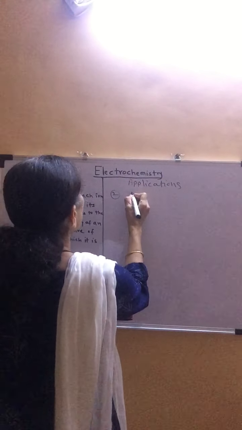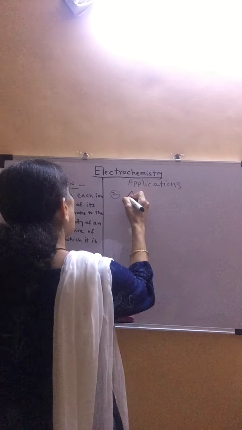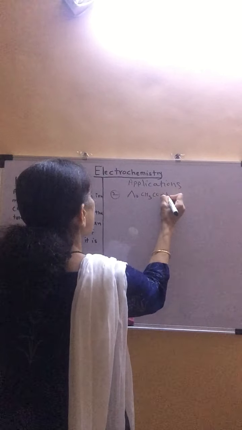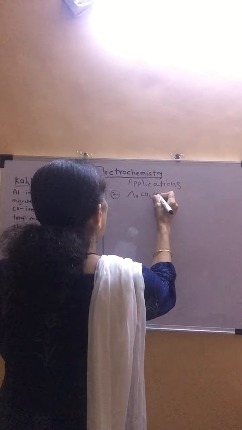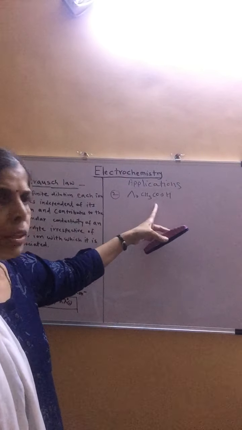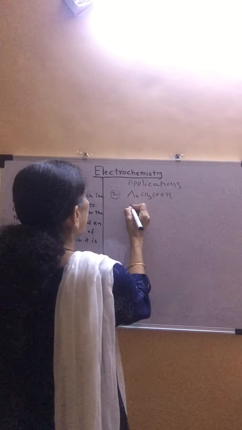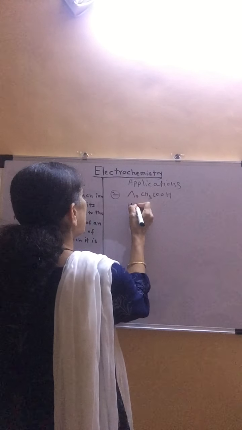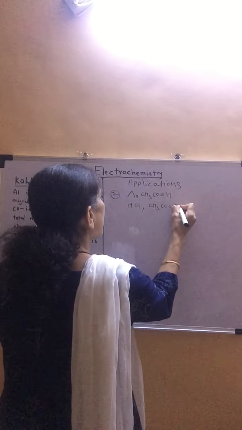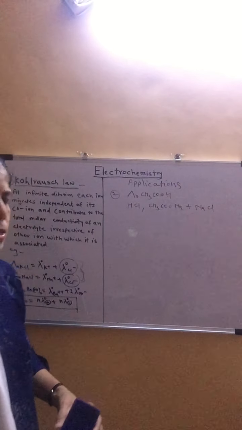If you want to get lambda naught value for a weak electrolyte like CH3COOH, acetic acid, by extrapolation method we are not able to get it. So what is to be done? See, if you take HCl, CH3COONa and NaCl, these are all strong electrolytes.